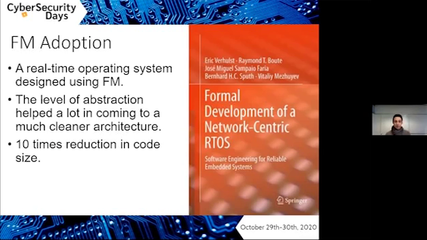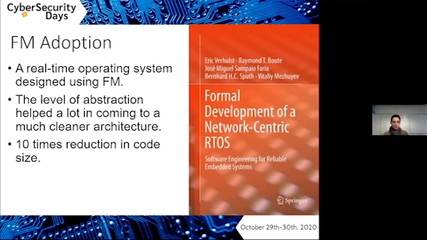Here is yet another instance of the use of formal methods in a real system outside the usual instances. And the reason why I wanted to mention this is that the main takeaway of this story was not that they found bugs.